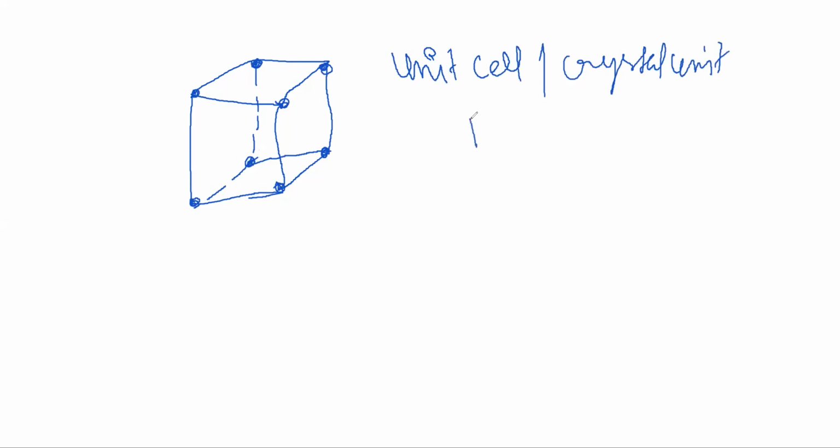So basically there are a few crystal units named as unit cell, crystal units. It's just a building block of any crystal. Like you see the houses. So houses are made up of the small bricks.